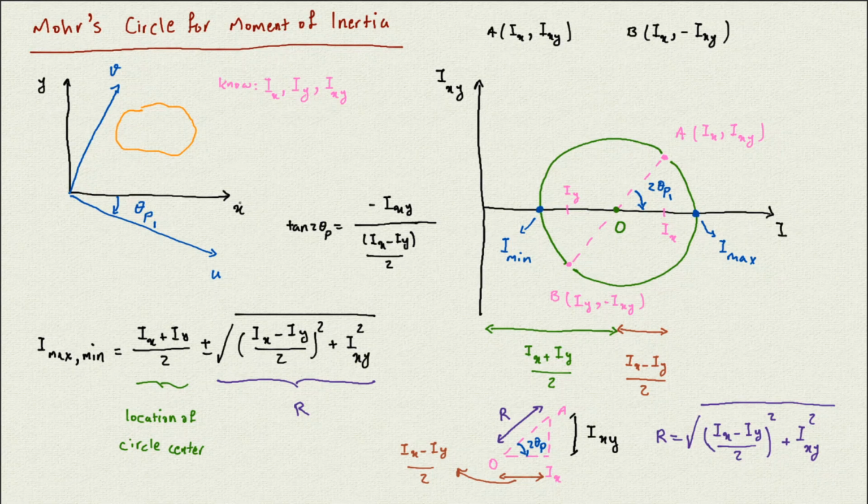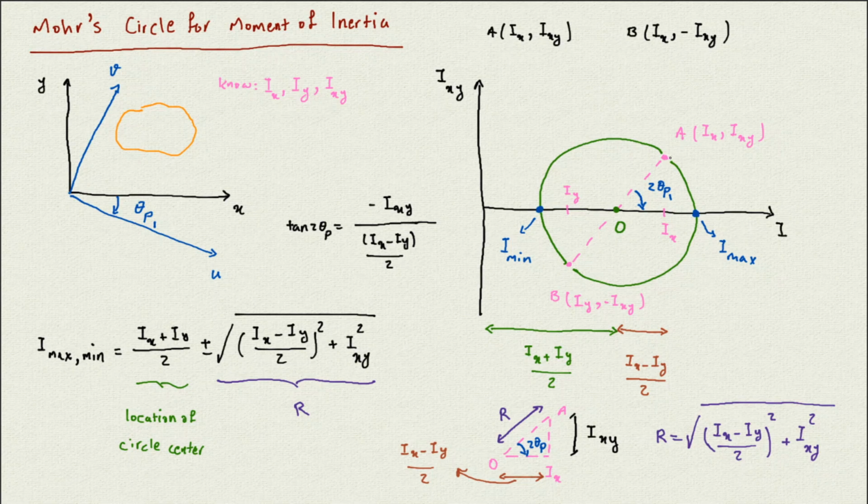Similarly, if I rotate 30 degrees clockwise, I start from point A, which is associated with the x-axis, and I rotate clockwise. This time I want to rotate 30 degrees, so I have to rotate 2 times that on the circle, which is 60 degrees.